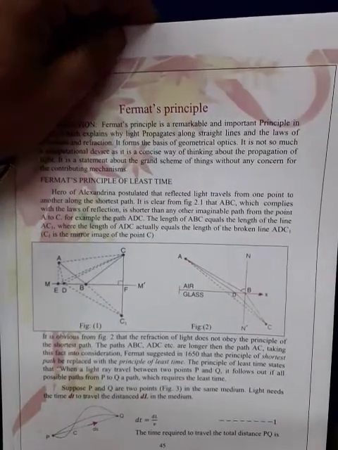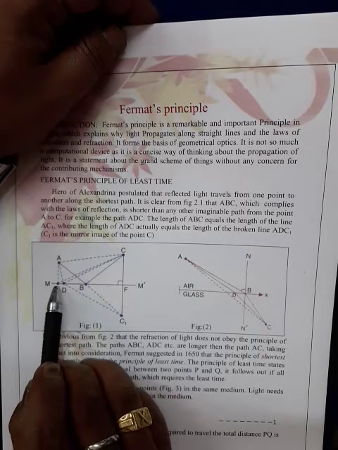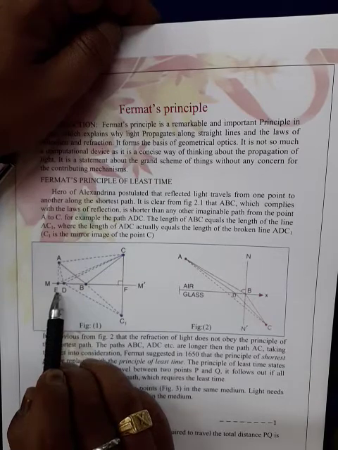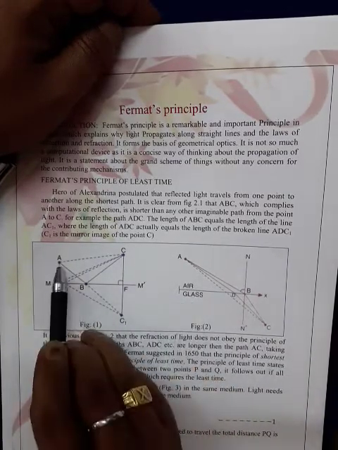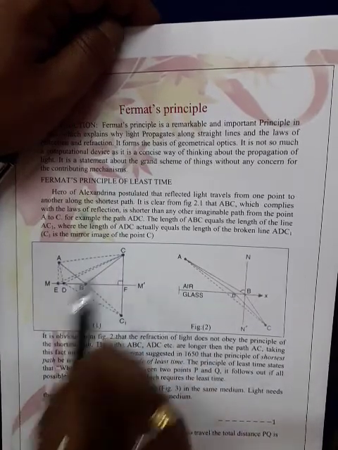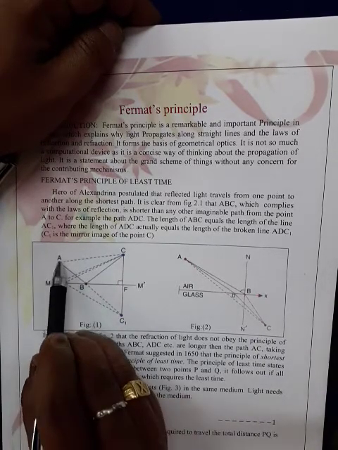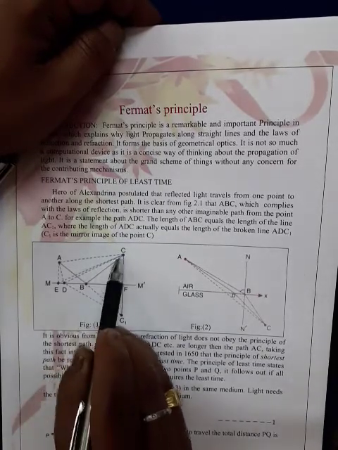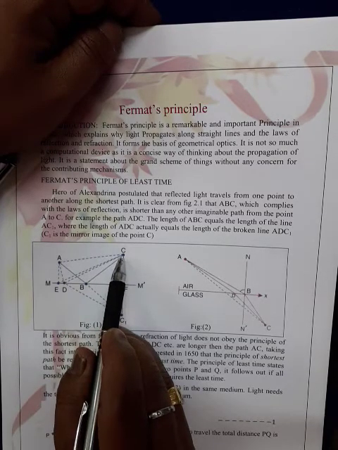Now consider the light which is coming from one medium to another medium. Here we are considering air to glass and air to air. It is clear here that ABC, with the laws of reflection, is shorter than any other imaginable path.